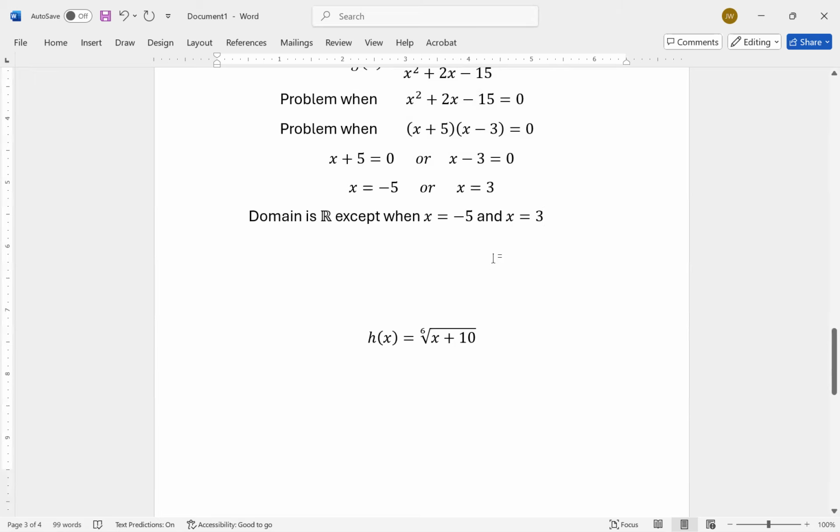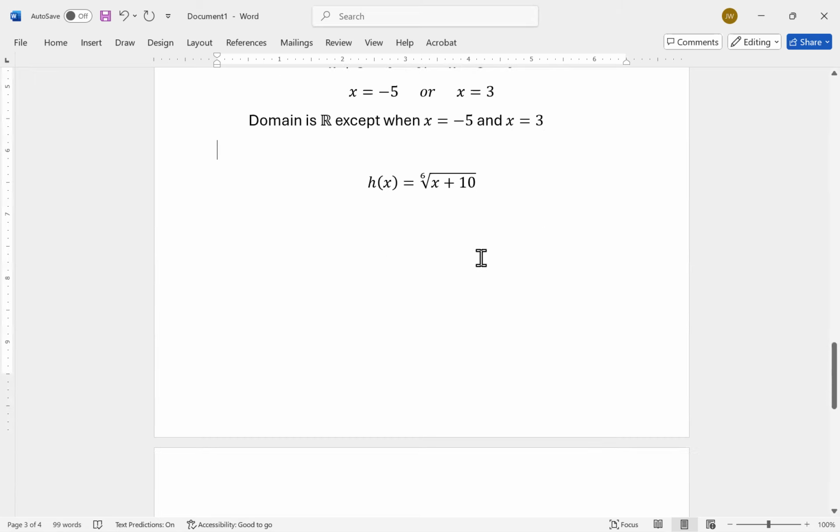The last function this example has us deal with is my function h of x is equal to the 6th root of x plus 10. Now this 6th root is an even root, and therefore, just like a square root, we can't have an even root of a negative number.